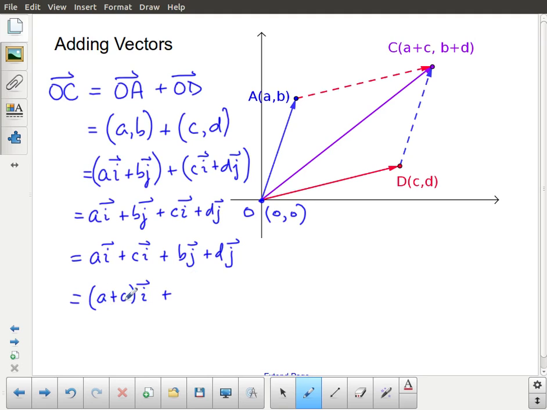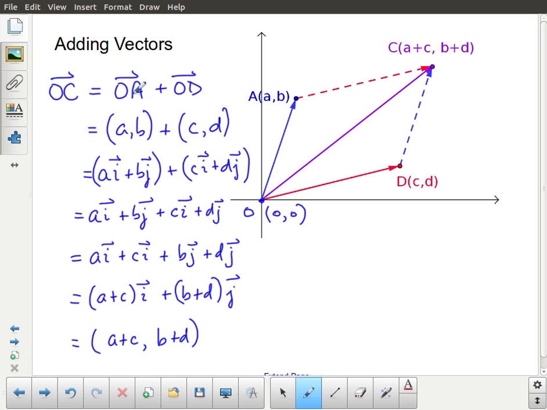What we're saying here is I have the sum of A plus C times i, and then for this one I have the sum of B plus D times the j vector. And going back to our bracket notation, which wouldn't necessarily be something we have to do, in this case we have A plus C in the x component position and B plus D in the y component position.